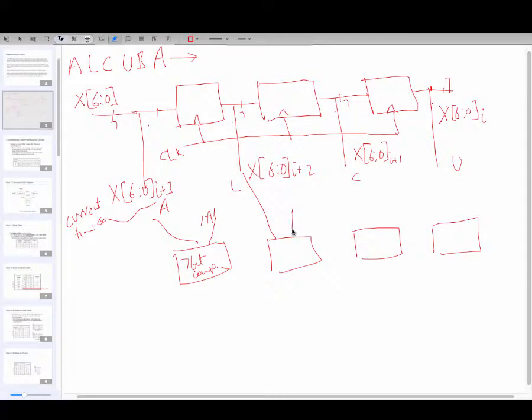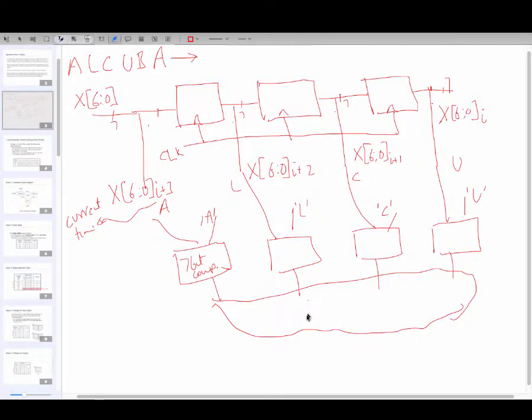I'll feed L's pattern here, C's pattern here, and U's pattern here. Now I have four signals saying whether the A matched, L matched, C matched, and U matched, and all of them have to be true. So I have a gigantic AND gate, and this says match. I'm done.